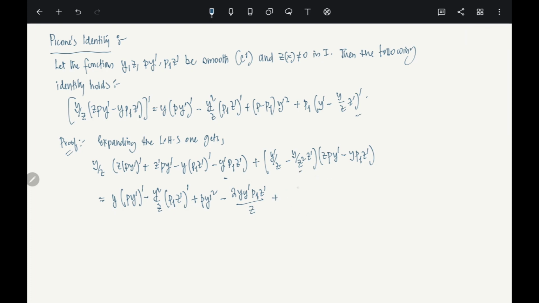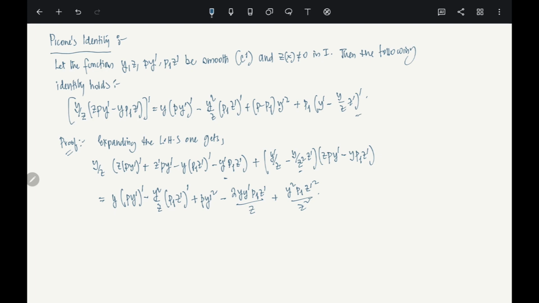So basically this z square part, so y square, what do you have? Y square p1 z prime square by z square, that's what we have. Okay, yeah, this is fine.